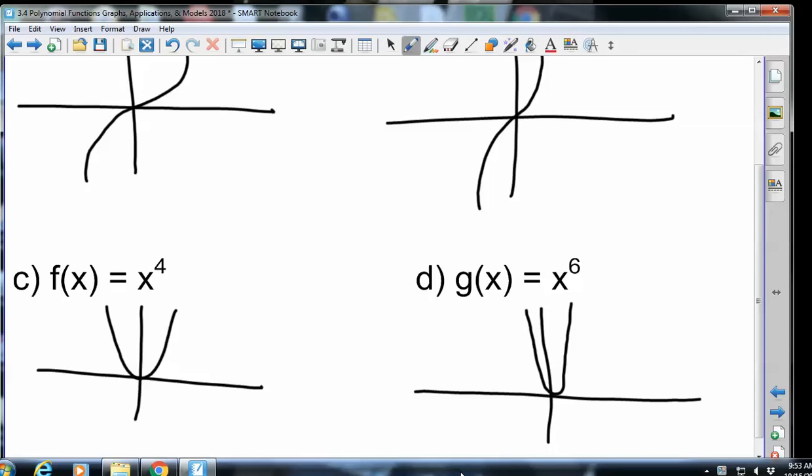Okay, so what we're seeing is these graphs have some similarities. Which ones look the same? Evens and odds. Okay, so this is what we're going to call end behavior of a graph.